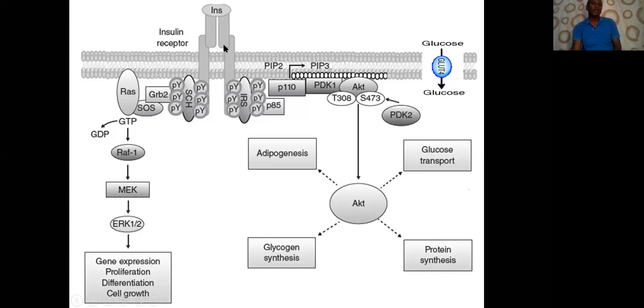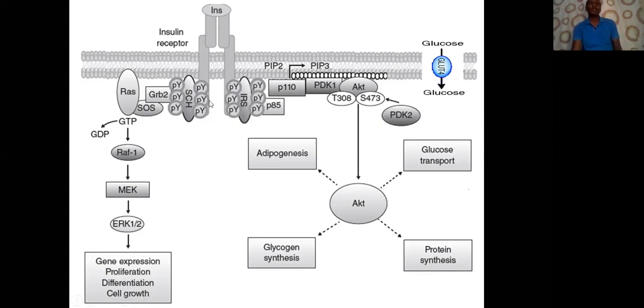And so now, sometimes what happens is that in type 2 diabetes, non-insulin dependent, there will be insulin resistance. In the case of the insulin receptor, these receptors may not be present, may be low in number, or the insulin production will be less.